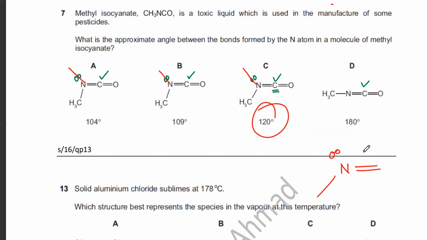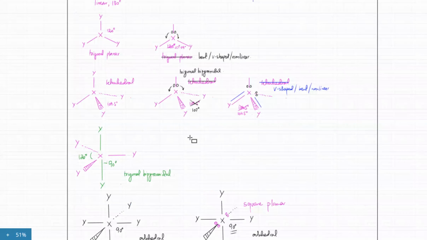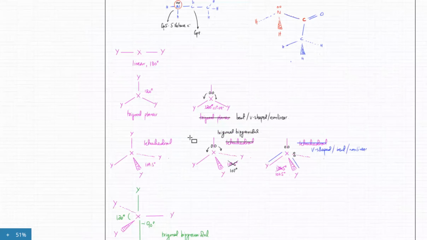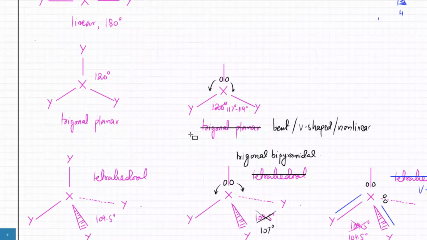So you have to figure out what the shape would look like. The shape is 1 lone pair, 2 bond pairs. So it's going to be like this. There are 3 things and all 3 would be repelling each other.